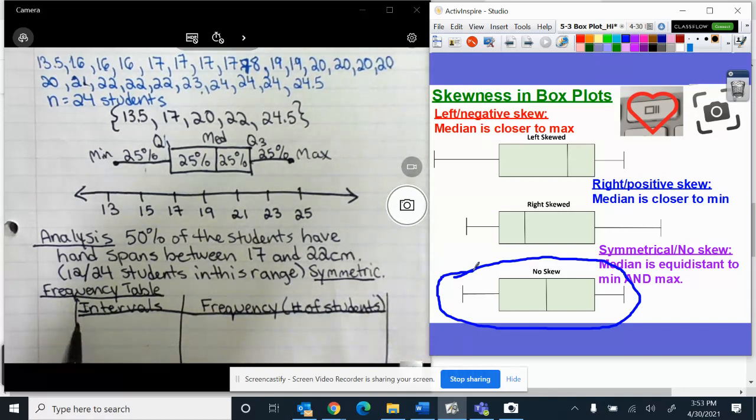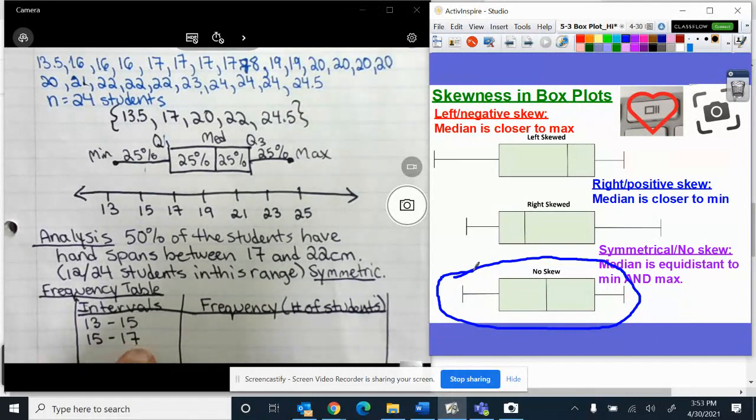So our intervals are going to be between 13 and 15, but not including 15. Then 15 to 17, up to 17. And then 17 to 19.